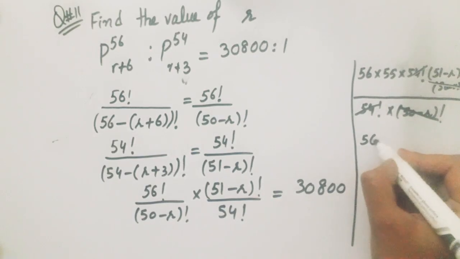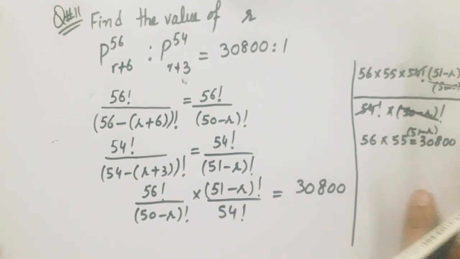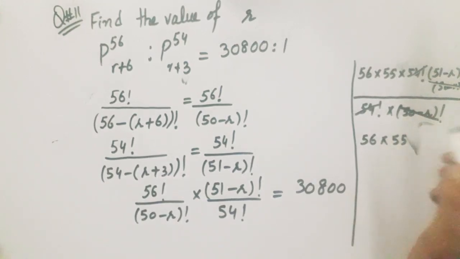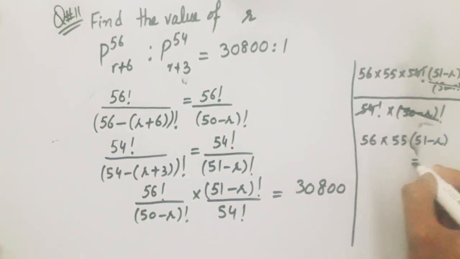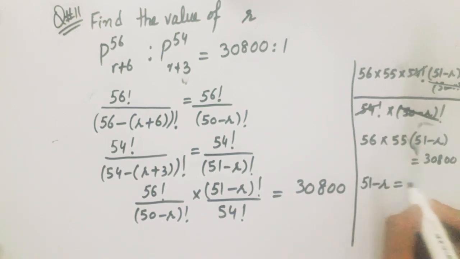We have 56 multiply 55 multiply (51 minus r) is equal to 30800.